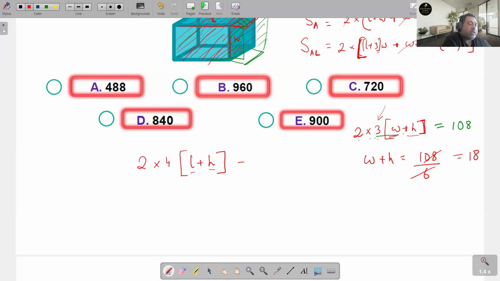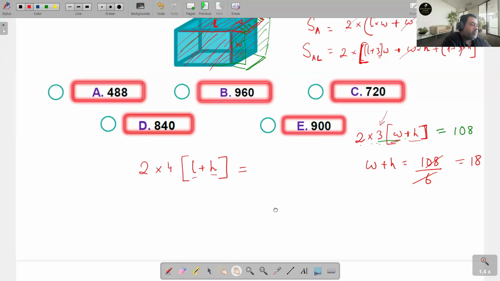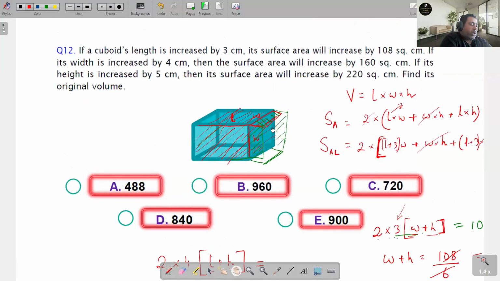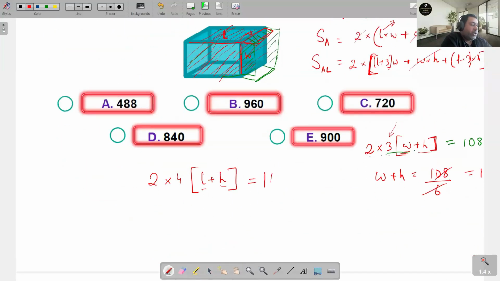Here it will be L plus H, and this is given as 160. 160 is the increase. Therefore, L plus H is equal to 160 divided by 2 into 4, which is 8, will give you 20. All right.